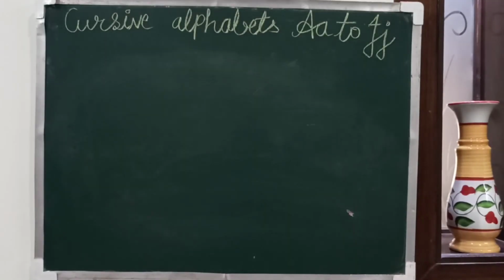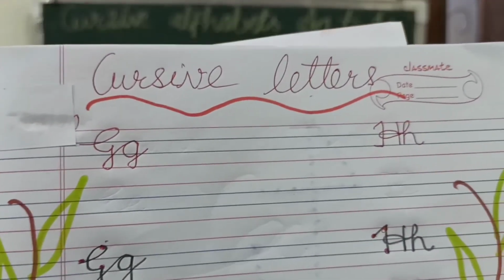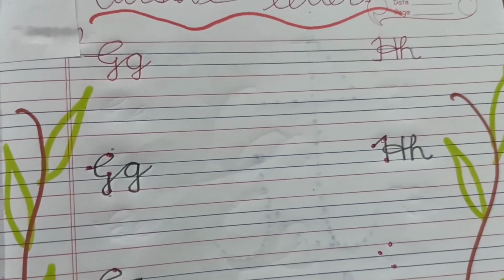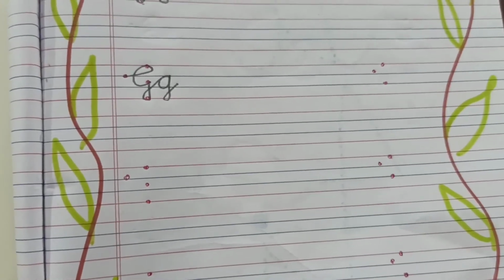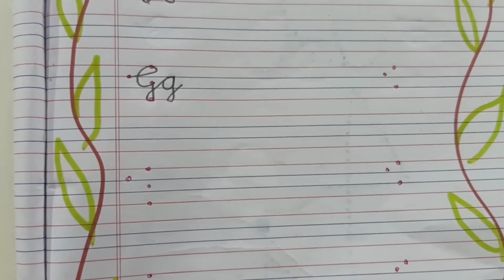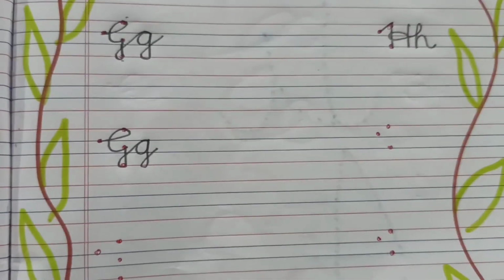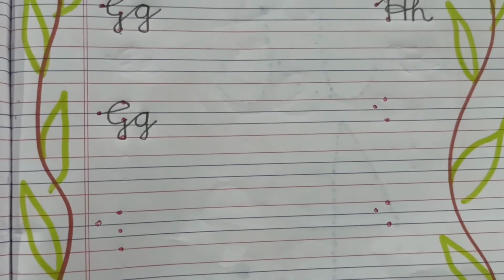Okay, now alphabet G and H. This is alphabet G and H. See the dots? 4 dots for alphabet G because it's little typical. So practice alphabet G very well. And 3 dots for alphabet H. Now the last.